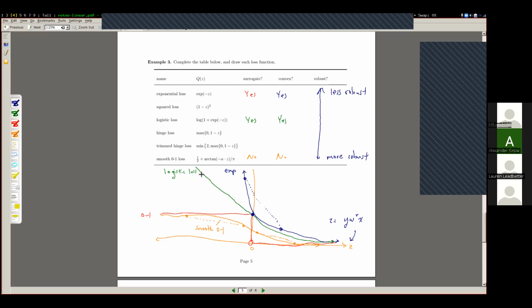And it also turns out that the logistic loss is basically as close as possible to the 0-1 loss as you can get and still be convex. Proving that requires a lot of formality about exactly what it means to be robust, and gets into a bunch of real analysis. But here we'll say that this one is medium robust.